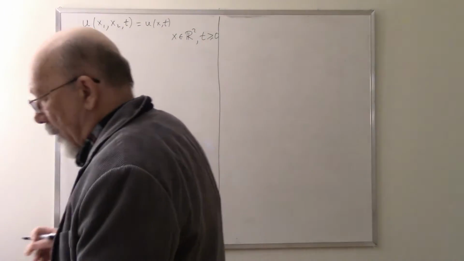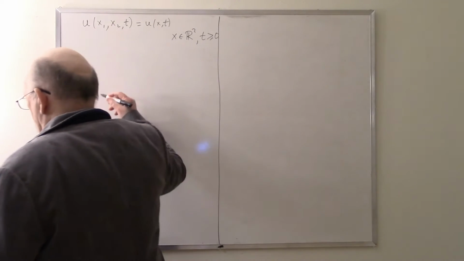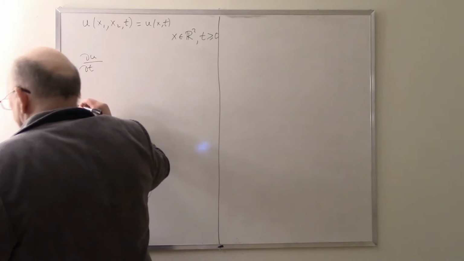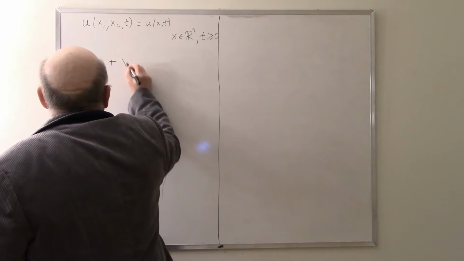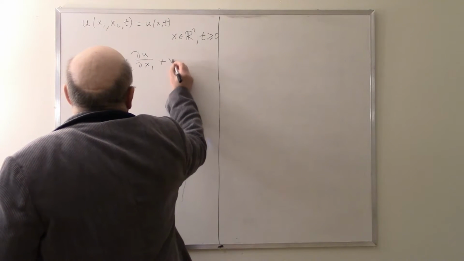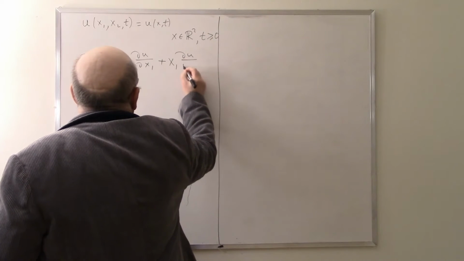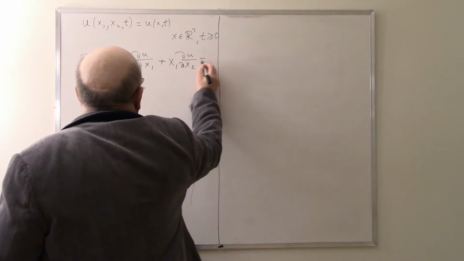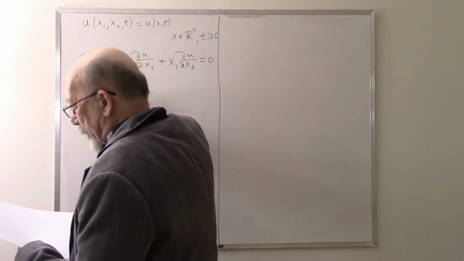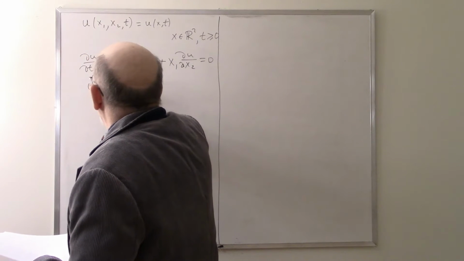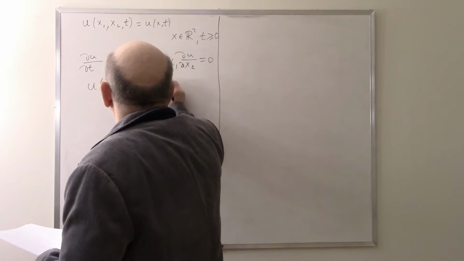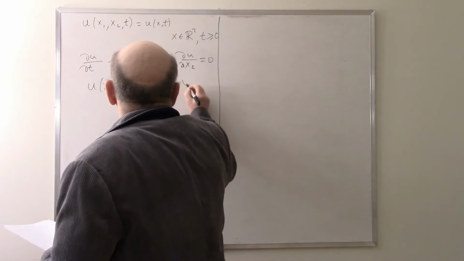Let me write it: du/dt plus x2 du/dx1 plus x1 du/dx2 equals 0. And the initial condition u of x1, x2, 0 equals, say, f of x1, x2.